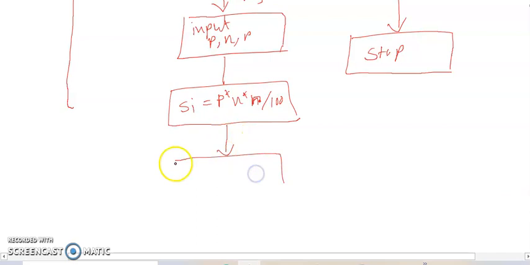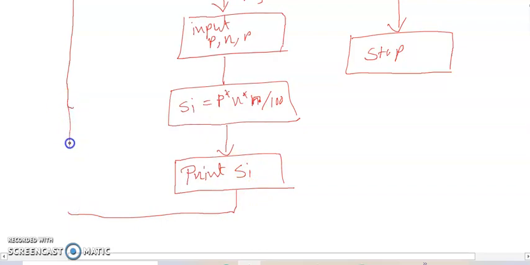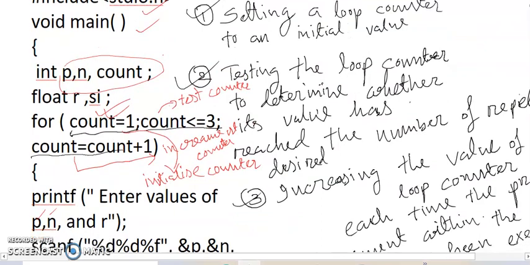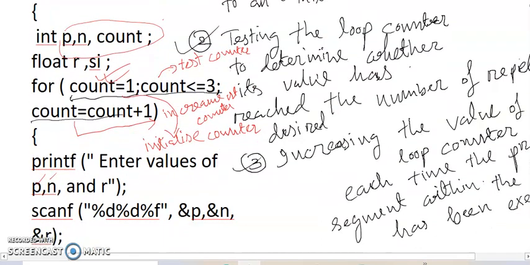Okay, next is second, print si, and now it is closed. This way it continues if this is the condition. So the output is the same, of p and r. You just put the values of p and r, and again the second and third time execution, the third time the simple interest will show. So this is the for loop.